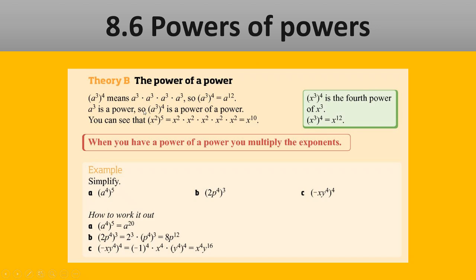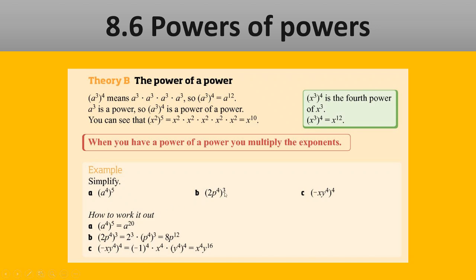Here, if you have examples like this, 8 to the 4th to the 5th, that means 4 times 5 is 8 to the 20th. But please be careful when you have also numbers inside of your brackets, because now you're not going to do 2 times 3, right?